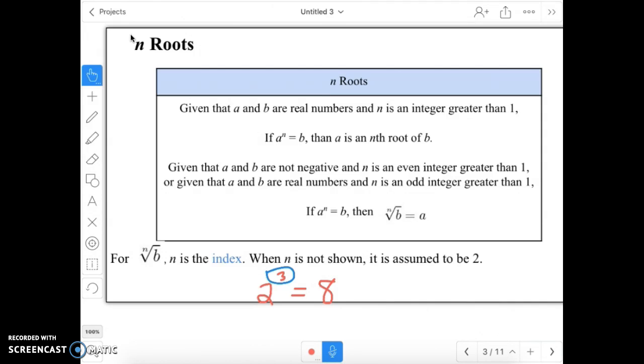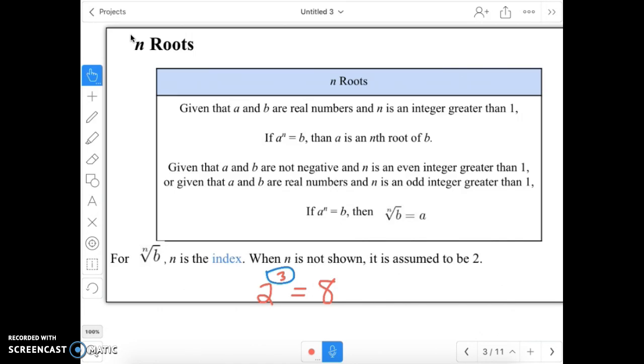So given that a and b are not negative and n is an even integer greater than 1, or given that a and b are real numbers and n is an odd integer greater than 1, if a to the n is equal to b, then the nth root of b is equal to a. So that also kind of applies that square roots and something squared would be inverse functions of one another, or they would undo one another.